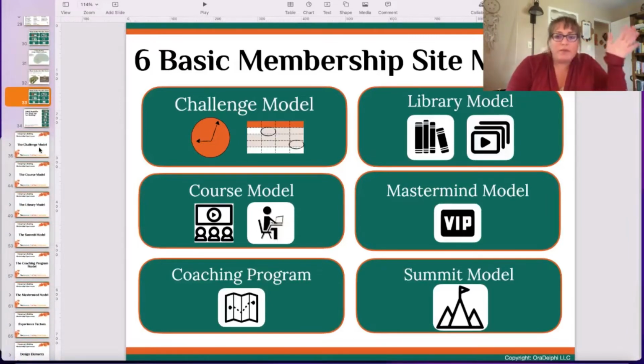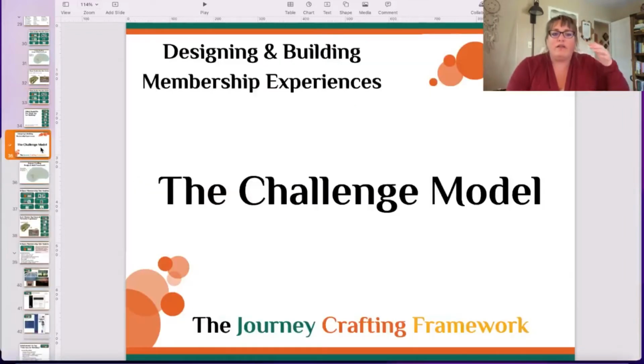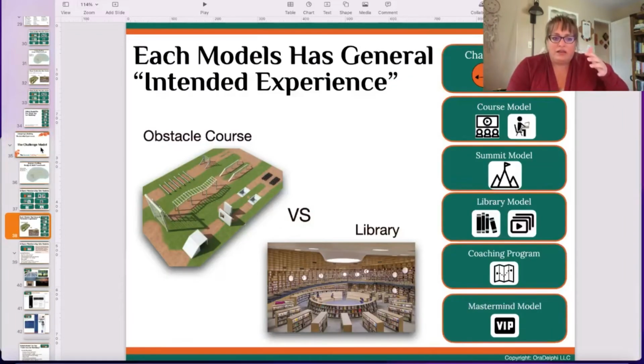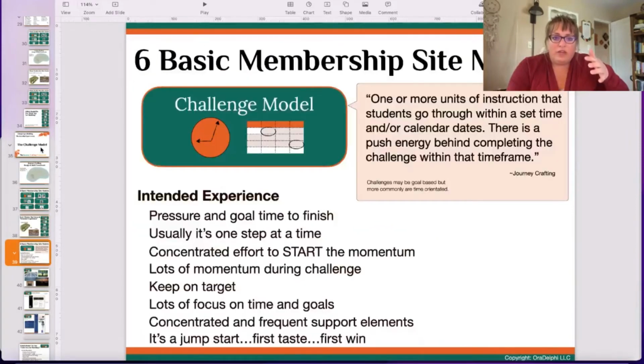Challenges are really popular right now. And the terminology is a little bit tricky, because when I say challenge model, I don't just mean the traditional sense of a challenge. A challenge model is any experience where the intention is about that first start.